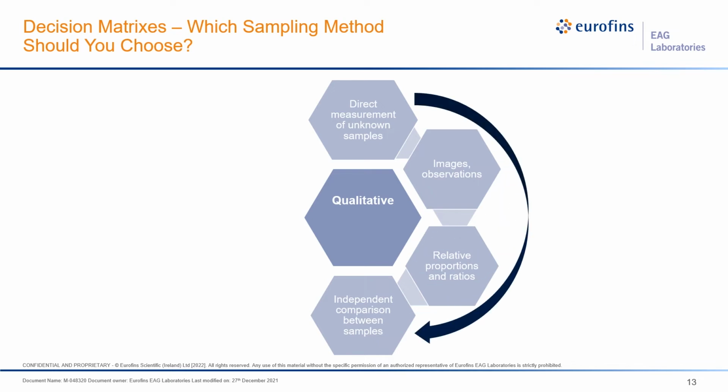This schematic illustrates the workflow typically taken for qualitative analysis. So every analytical technique starts by taking qualitative measurements, and qualitative forms of information can provide valuable compositional information as well, such as the amount of element present in a sample relative to another, such as the primary matrix, as well as imaging and distribution information.